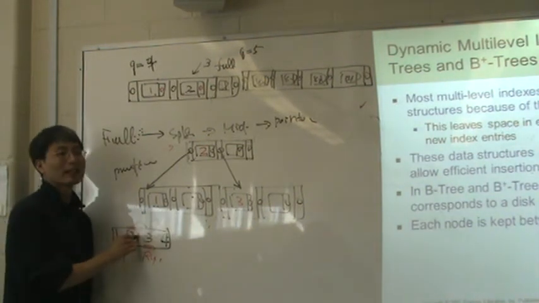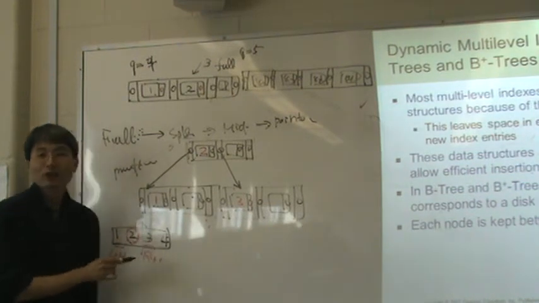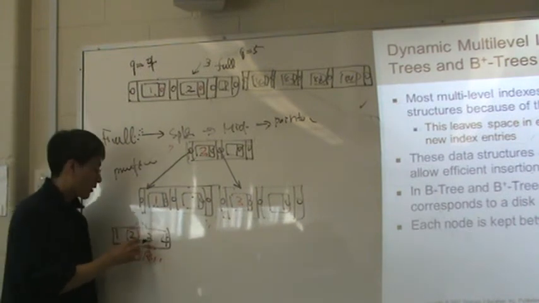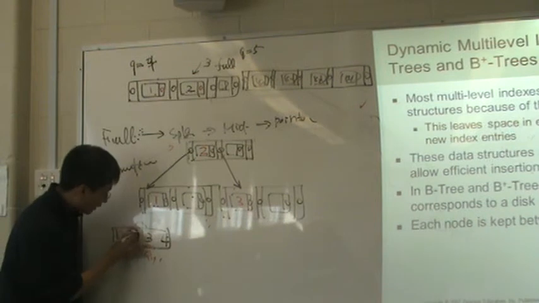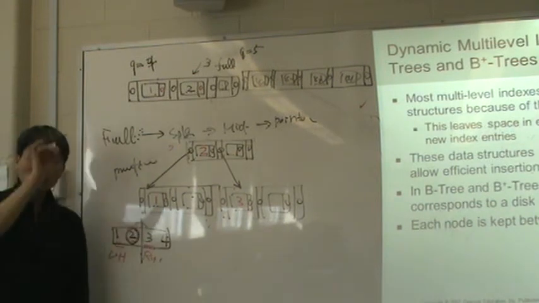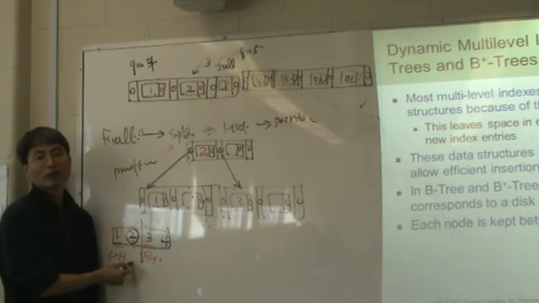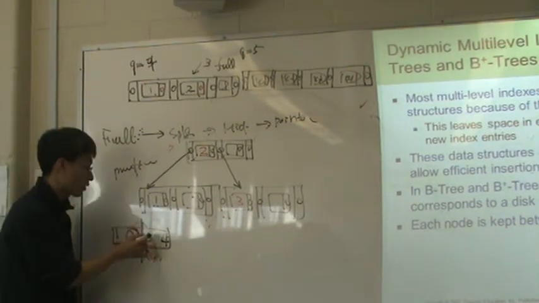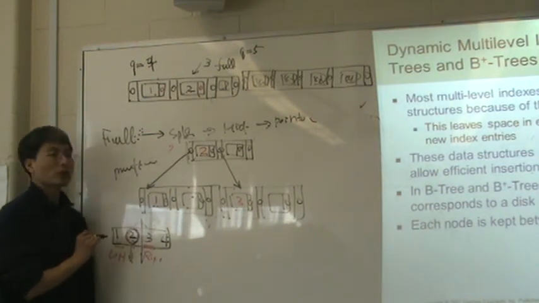This time it can be either 2 or 3, depending on the DBMS. Some of the DBMS use the left-hand side, some the right-hand side. In our class, we will select this one, cut in half, and the left-hand side as the middle value. Depending on the textbook, some use this one as the middle value, but in our class we will use this.